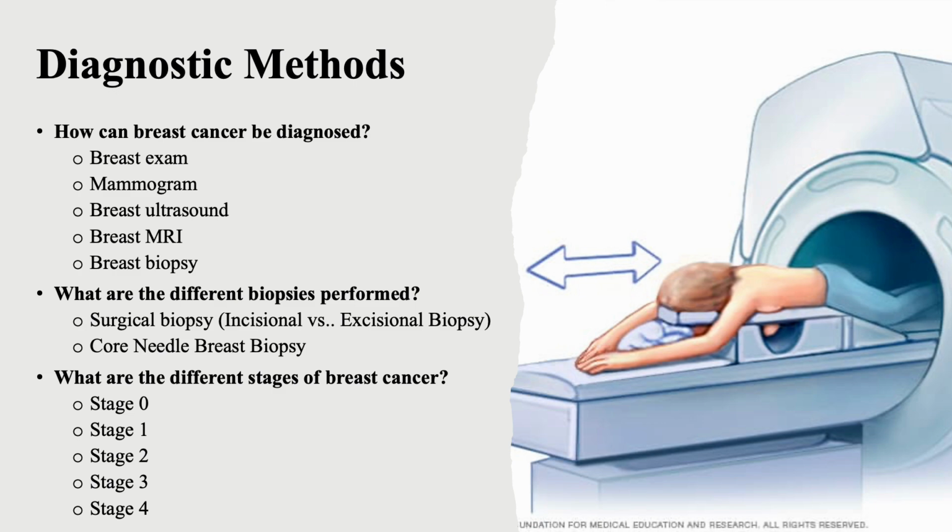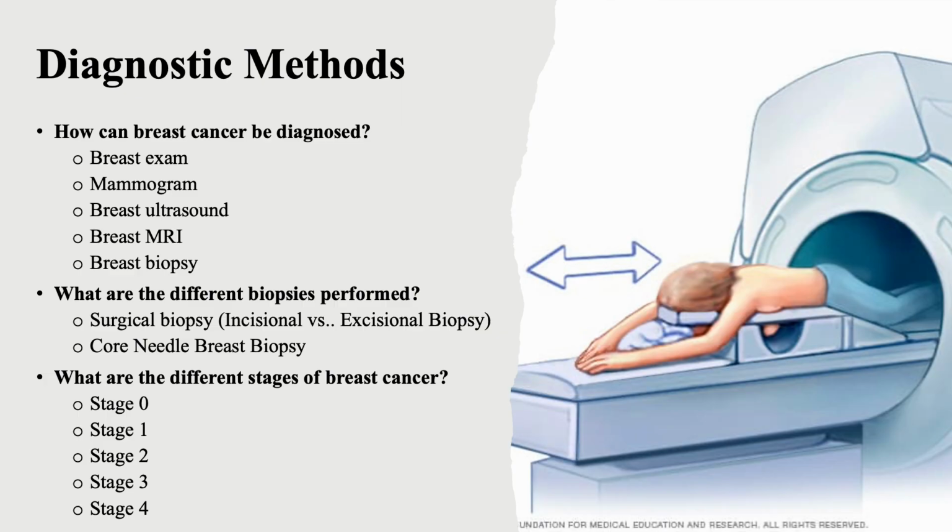Stage 1 means that the cancer has been found in nearby breast tissue, so it has spread a little bit. Stage 2 is cancerous cells have formed a tumor or multiple tumors, and the cancer has spread to the underarm lymph nodes and measures between 2 to 5 centimeters.